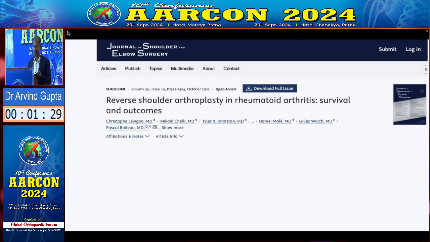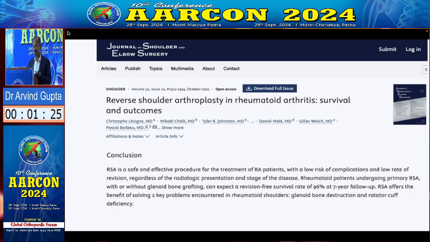Another paper on survival and outcome, in the Journal of Shoulder and Elbow Surgery, says it is a safe and effective procedure for the treatment of rheumatoid arthritis with a low risk of complications and a low rate of revision in comparison to total shoulder, because glenoid loss in total shoulder is early because of osteoporosis and bone loss. That is not too much with reverse shoulder.